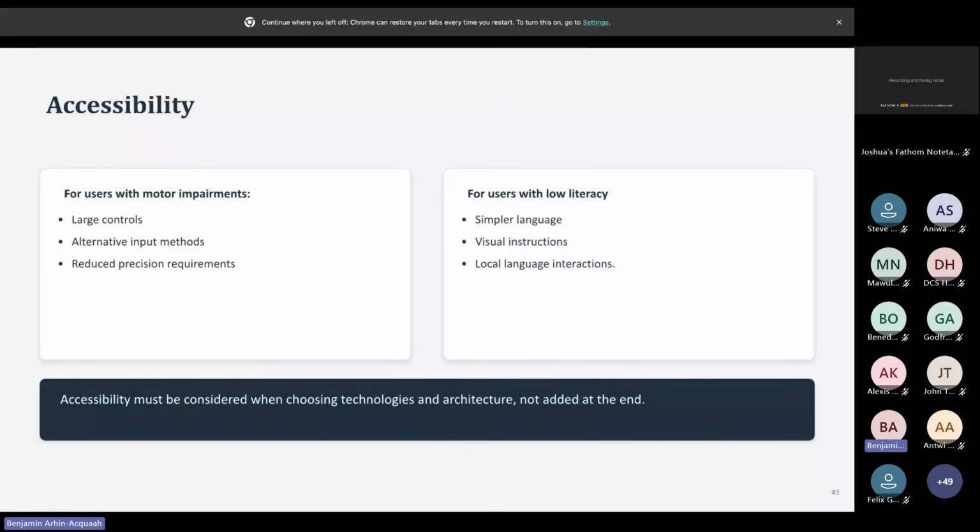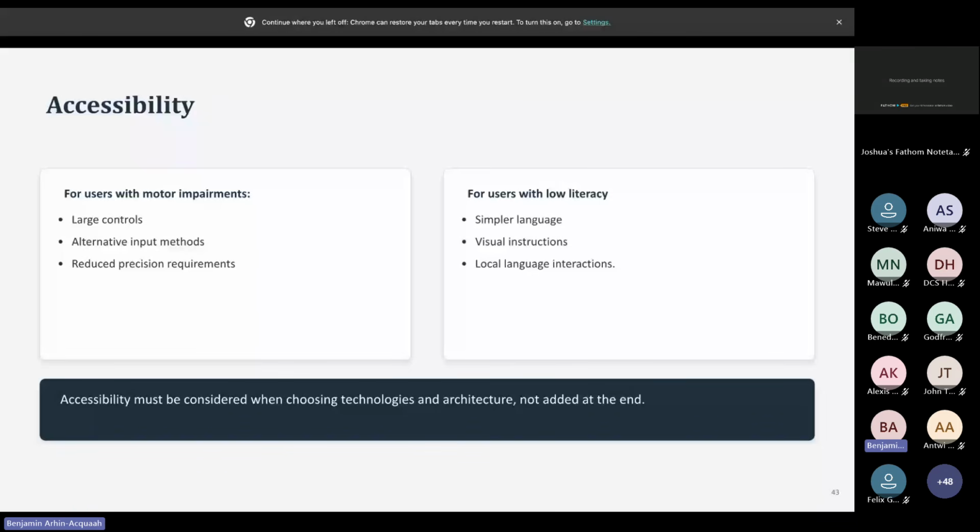So for users with motor impairment, that's users that are not able to move or adjust their body very well, you want to have large controls. You make things large enough for them to easily access.